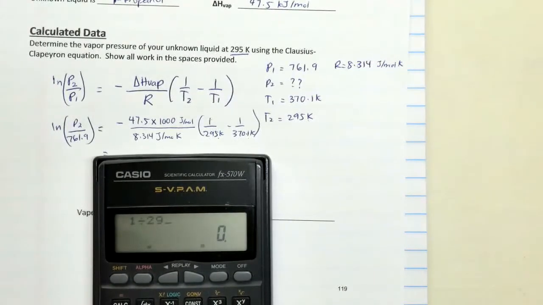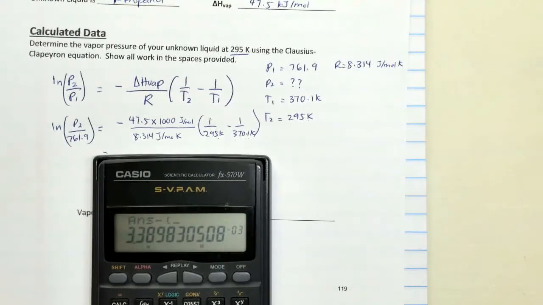One over 295, I get an answer, and then minus 1 over my T1, 370.1. Okay, I got an answer for this right here. Then times negative 47.5 times 1,000. And then I divide by 8.31. Actually, I'm pretty sure I made a mistake.